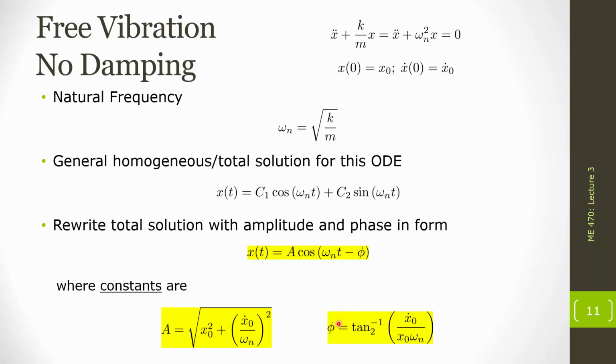However, the way I find phi, I want to take the four-quadrant arctangent here, because if I look at the argument of it, in the numerator, this initial velocity could be positive or negative, so the numerator could be positive or negative. And if we look at the denominator, the natural frequency is strictly positive, but the initial position could be positive or negative, making the denominator positive or negative.